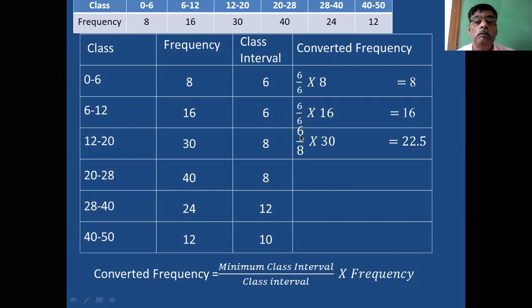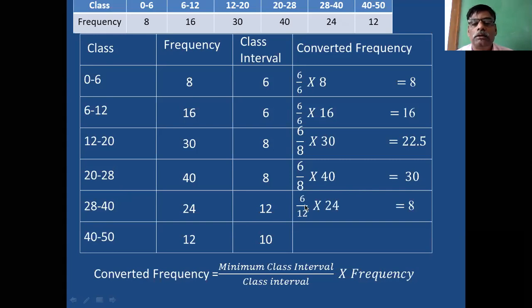Here the minimum class interval is 6 and the actual class interval is 8 into frequency 30, which gives 22.5. Here the minimum class interval is 6, then the actual class interval is 8 into frequency 40. Answer is 30.